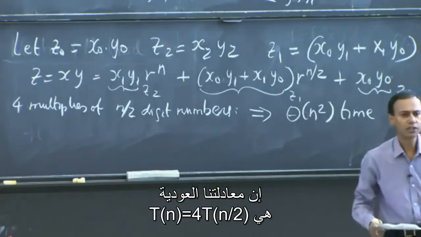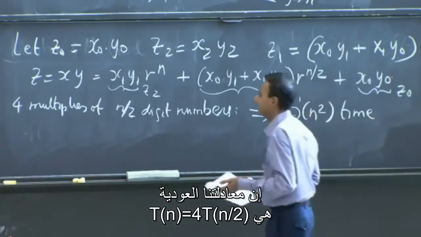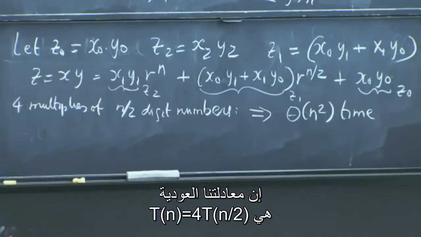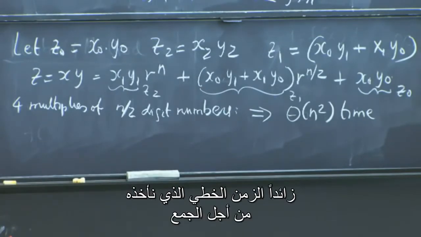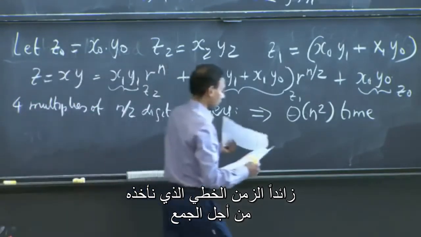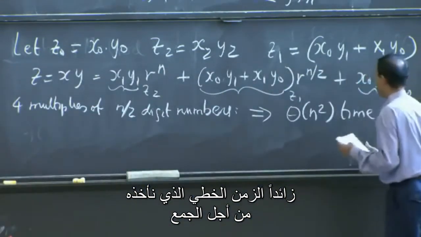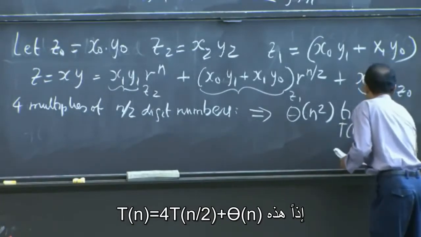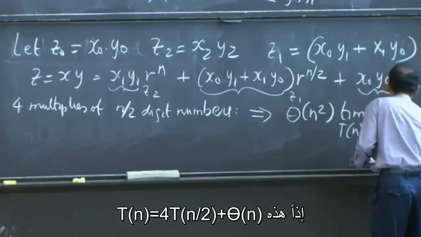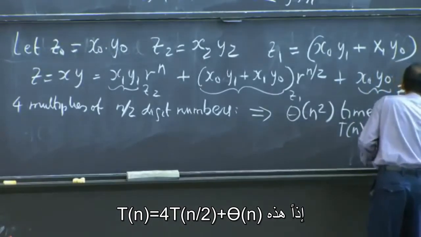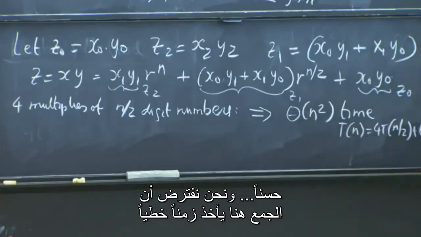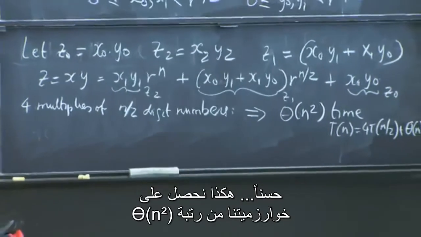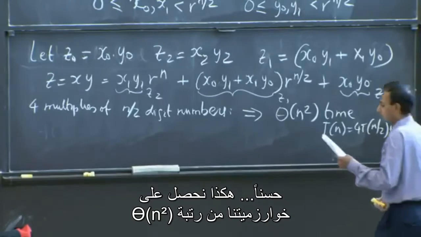Because your recursive equation is Tn equals 4T of n over 2 plus the linear time that you take for addition. So Tn equals 4T of n over 2 plus theta n, and you're assuming that the additions take linear time. So that's how you get your theta n square algorithm.